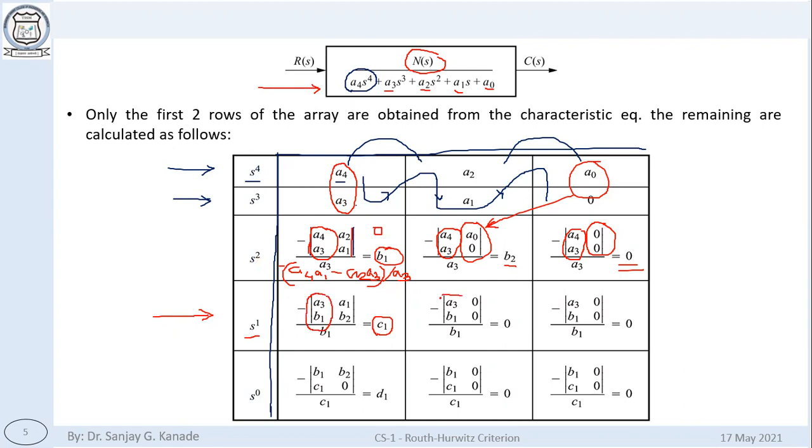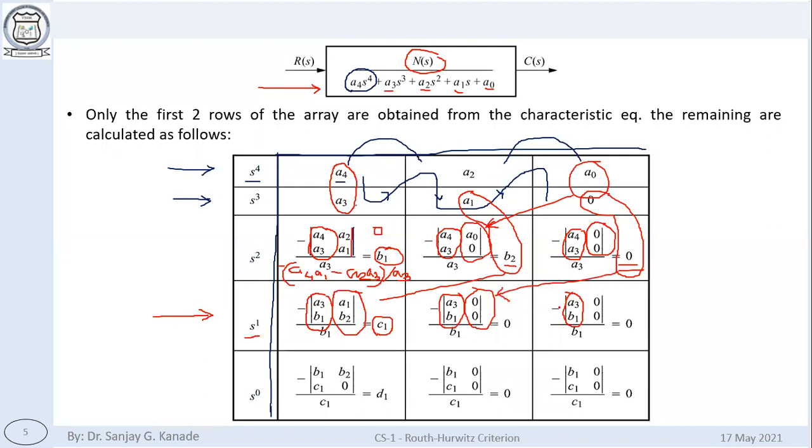A3, B1, right? And the second column is always taken from the next column. So what is that? A1, B2, right? So A1, B2 goes here, likewise. Here, everything is 0, so 0. Where is this 0 coming from? The 0 is coming from here, like this.